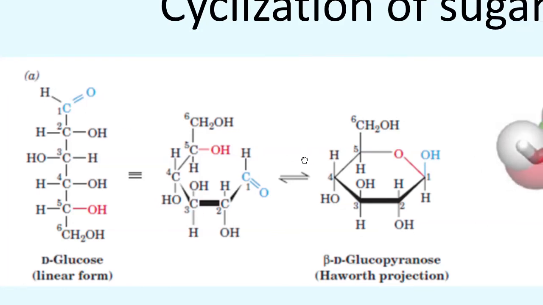So because of these bond angles, the hydroxyl group of carbon 5 is very close in space to the aldehyde carbon 1. This results in formation of a bond between the carbon 1 aldehyde and the carbon 5 hydroxyl. This produces the cyclic structure of glucose. Note that the aldehyde carbon of glucose is now a hemiacetal with a hydroxyl group on it.